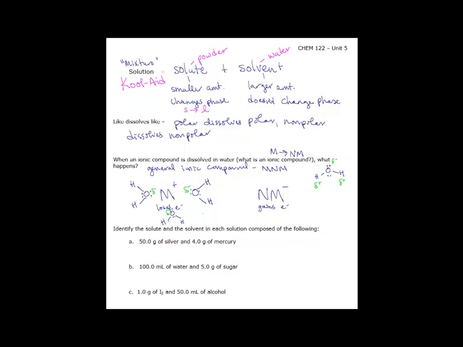If we look at the nonmetal, how will water align itself? Will the oxygen be pointing to the nonmetal? No. The hydrogens will be pointing to the nonmetal because they have a partial positive and they're attracted to that negative.